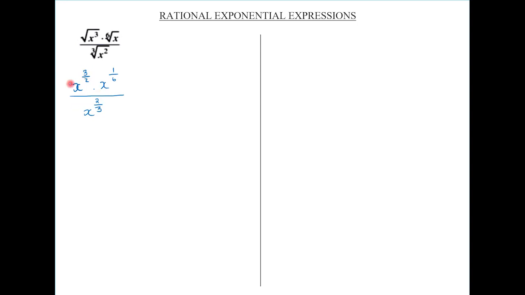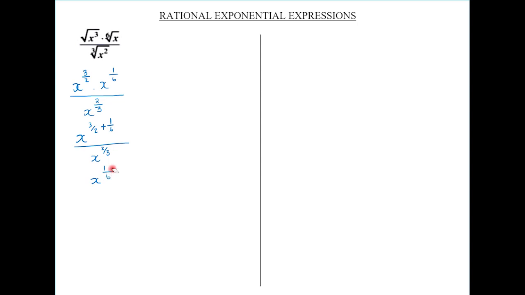So now we can just add these two. It's going to be x to the power of 3 over 2 plus 1 over 6, over x to the power of 2 over 3. Adding 3 over 2 plus 1 over 6, it's going to be 9 over 6 plus 1 over 6, so x to the power of 10 over 6.